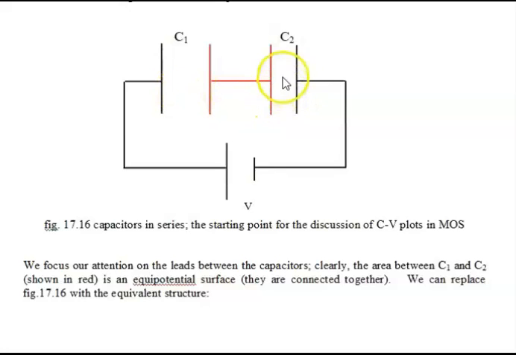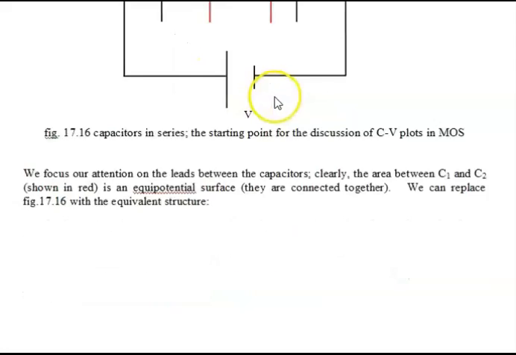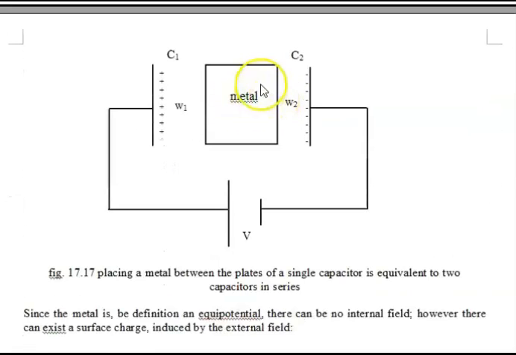They're connected in series. The region in red is an equipotential because they are shorted together. So the potential here must be equal to the potential here. So we show that as one big metal, and what we're saying is that this is a short. There's no field in here.